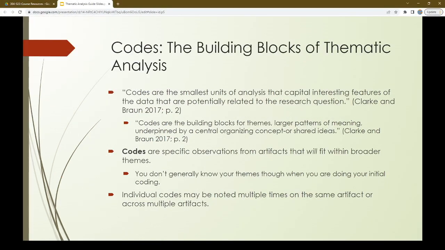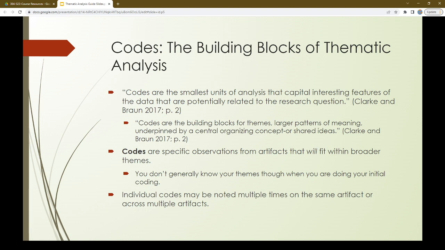Your codes quite literally are what you directly observe coming out of your data in the artifacts. Codes are just specific observations from the artifacts that will fit within your broader themes. Now, when you start your initial coding, one of the things that I want you to keep in mind is that you shouldn't have your themes already in mind.